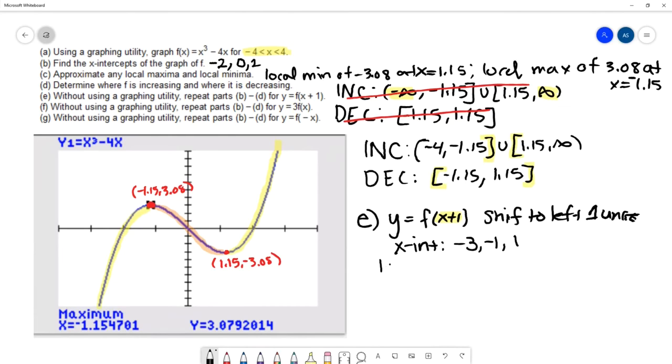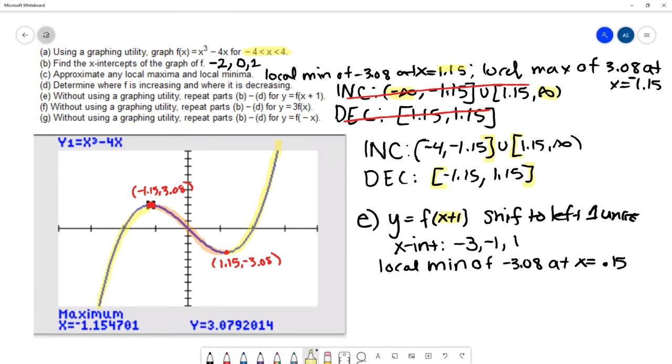So we would have a local min of -3.08. So that doesn't change the y part, it only changes the x part. And that would be at x equals 0.15.